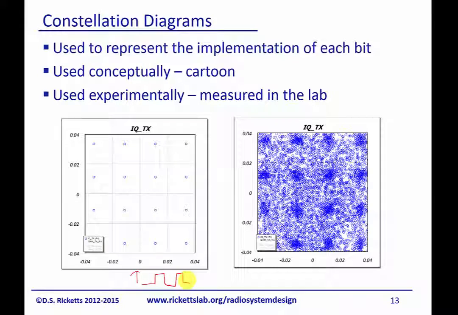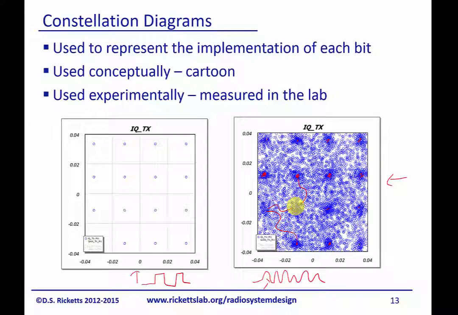But now that we've introduced all of these very nice filtered pulses, and from the video that you saw the pulses look more like this, our constellation, if we were to measure it, looks very messy, and it's because all of these transitions between each constellation point get overlaid. You can still see that we're meeting the points that we expect to meet for 16 QAM. But the constellation, when actually measured in the lab, gets much more cloudy.